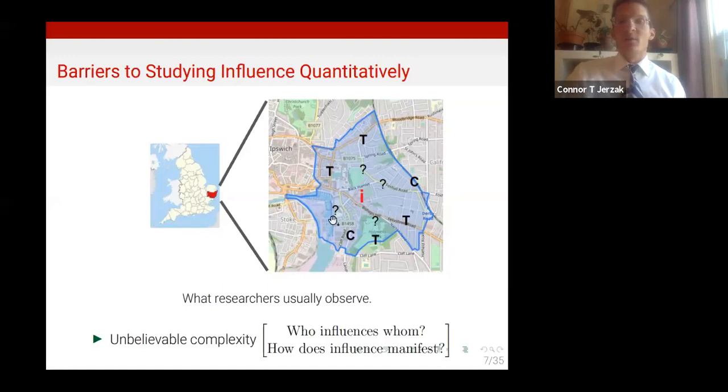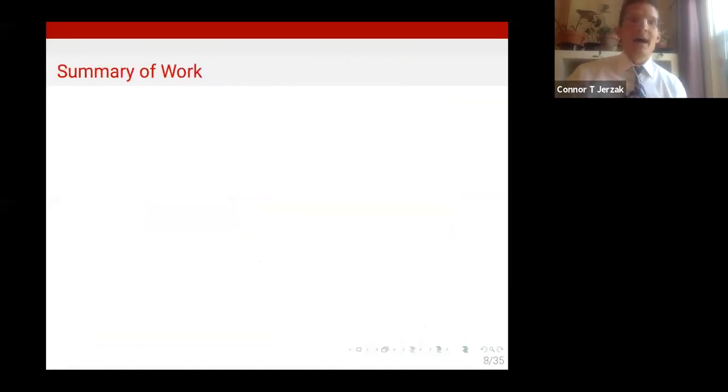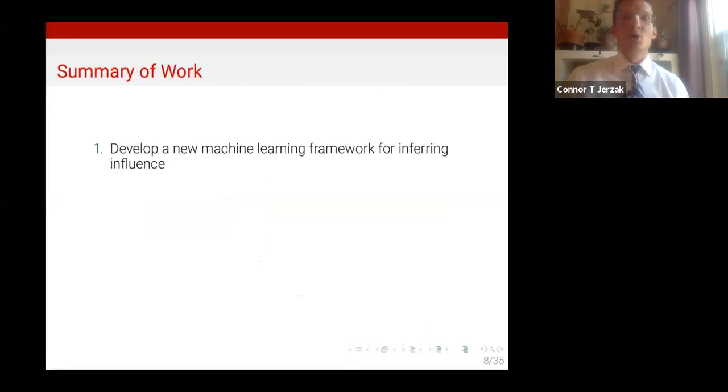In addition, we have to think about the equally challenging question about how influence manifests itself in practice. Even if we knew who influenced whom, how would we translate that knowledge into knowledge of the outcome? So in this project, I've sought to address some of these questions, first by developing a new machine learning framework for inferring influence.